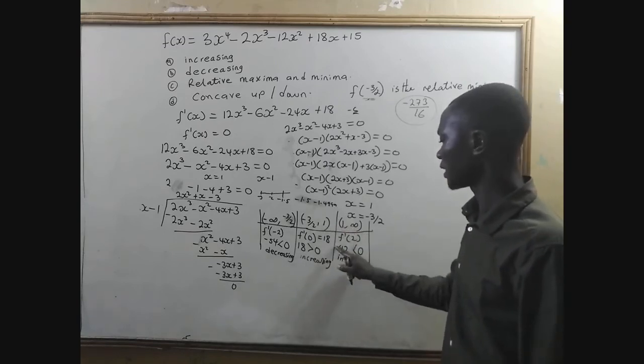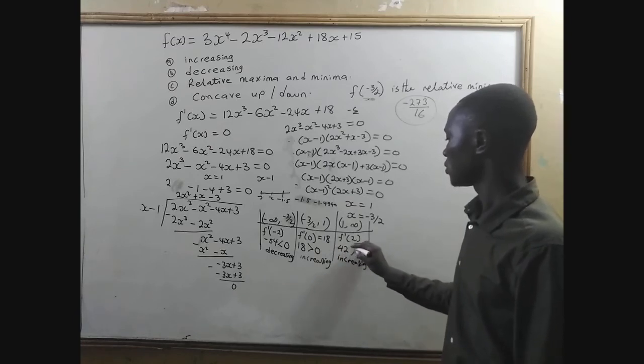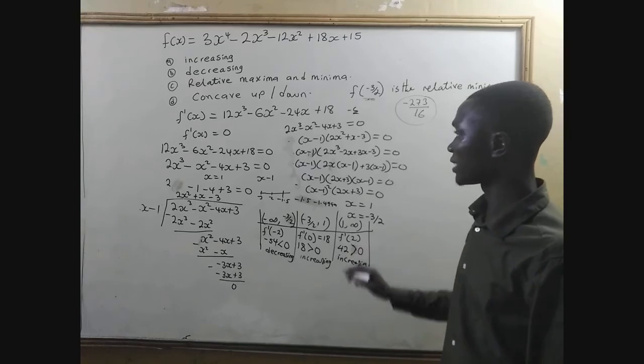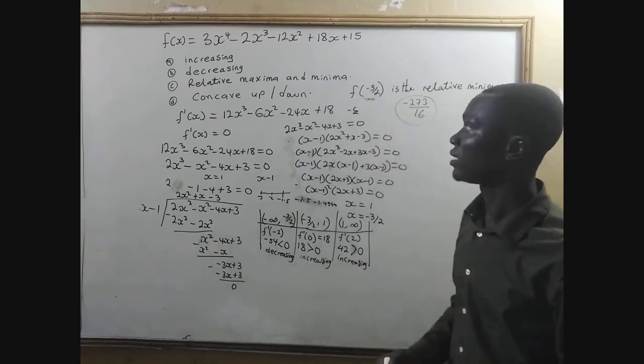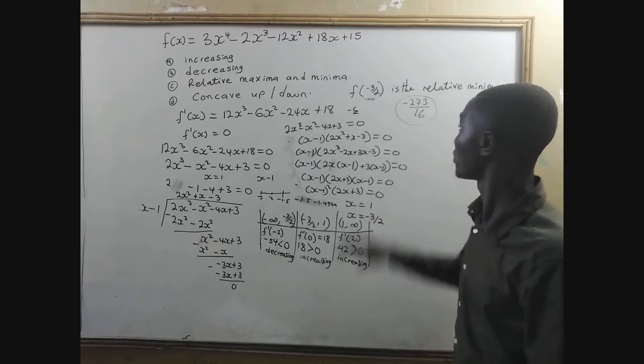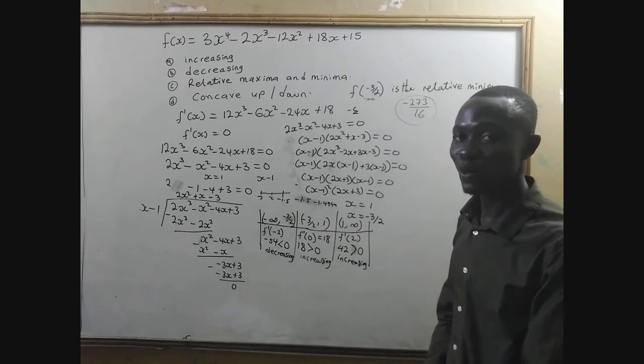But that is not the case. We are still in the positive zone. So it implies that this function has only a relative minima, but no maxima point.